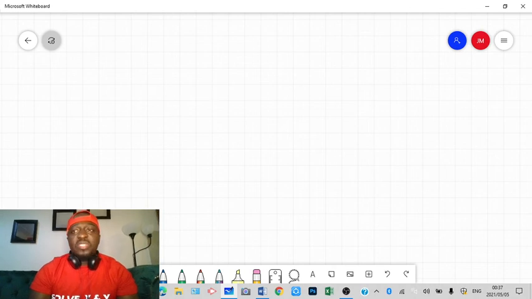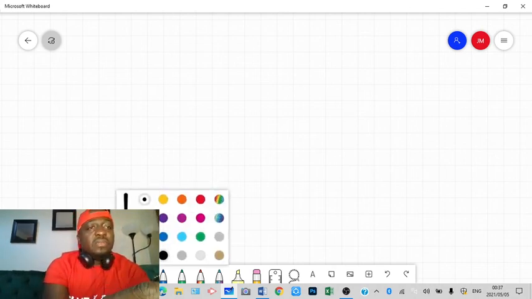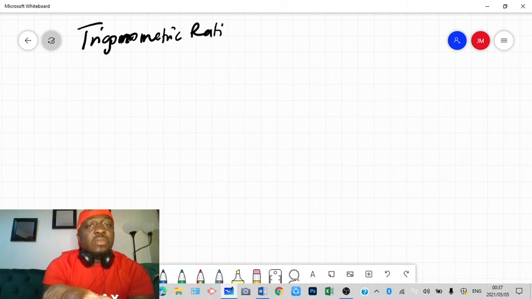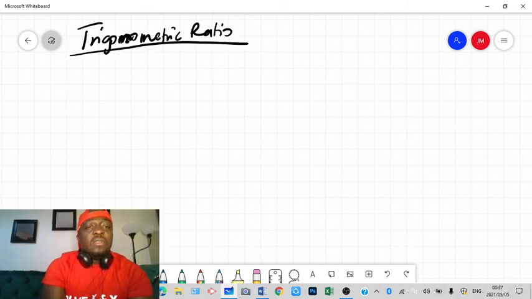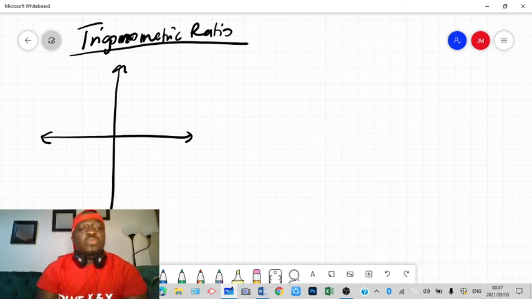So I'll go straight into it, starting from your trig ratios. I'll start with your trigonometric ratios. I'll be using the Cartesian plane a lot in this section to explain all this information that you need to have in mind.